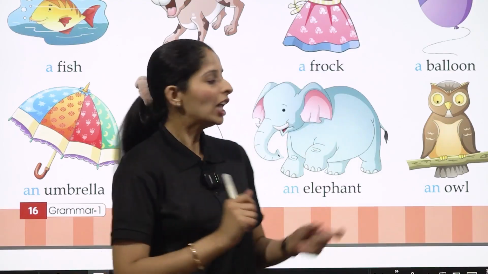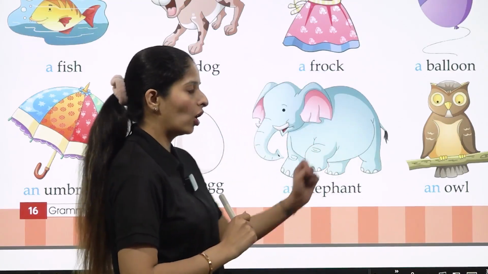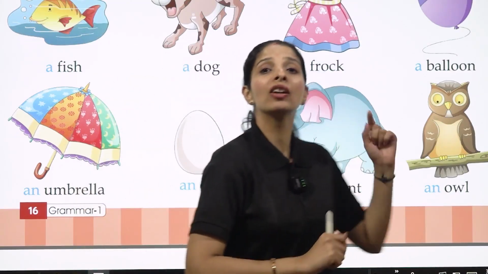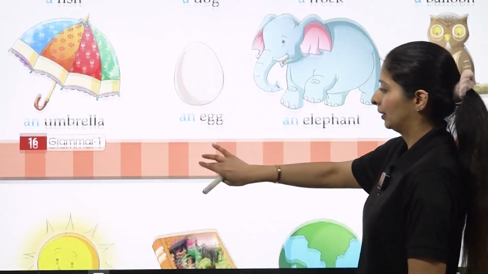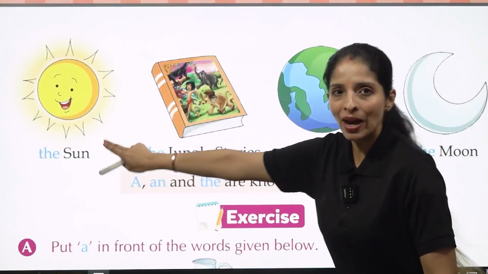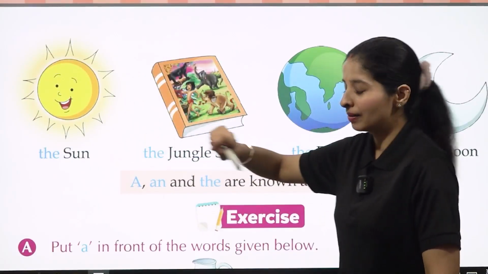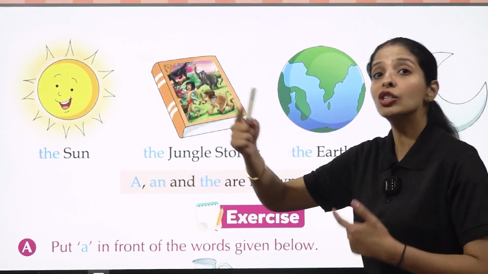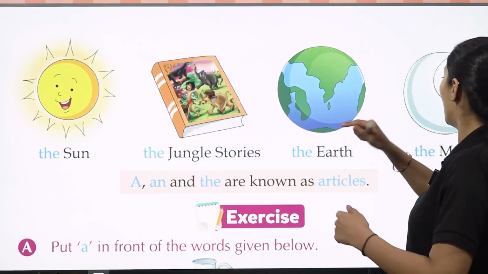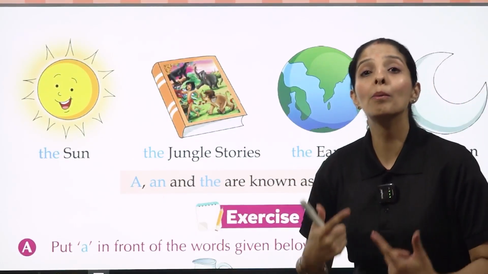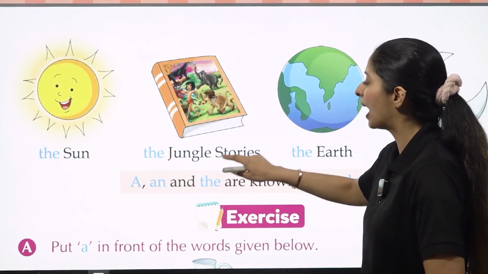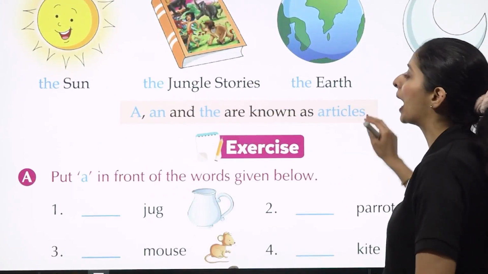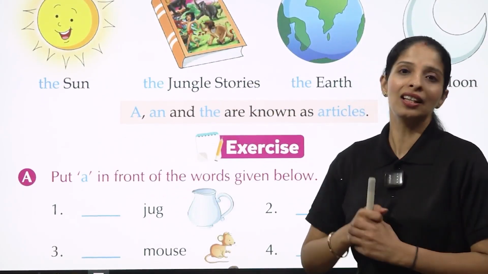E is a vowel, an elephant. O is a vowel, an owl. Something specific: the sun, the jungle stories, the earth, the moon. So, a, an and the are known as articles.